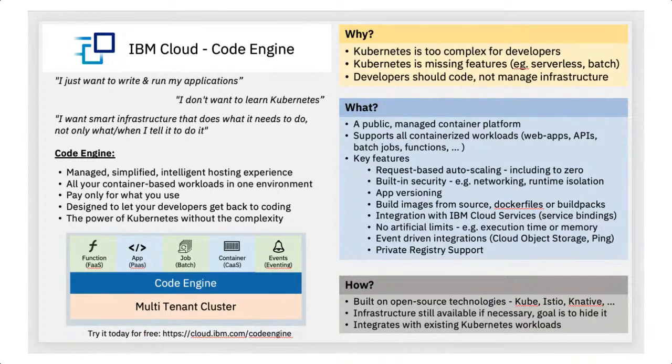If you tell Code Engine the raw numbers and runtime semantics you want, Code Engine will then figure out how to make the infrastructure match your desired semantics. So you as a developer can basically just dump your information into Code Engine and say, hey, go run this for me. And you can get back to coding, which is where you want to be spending most of your time as a developer.